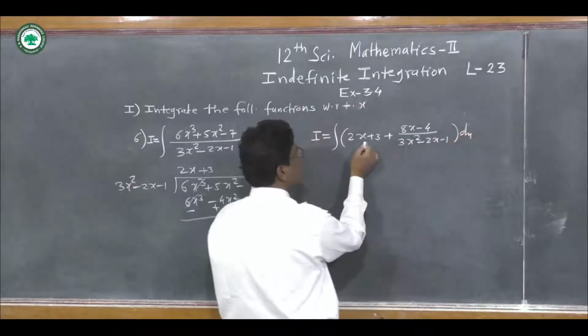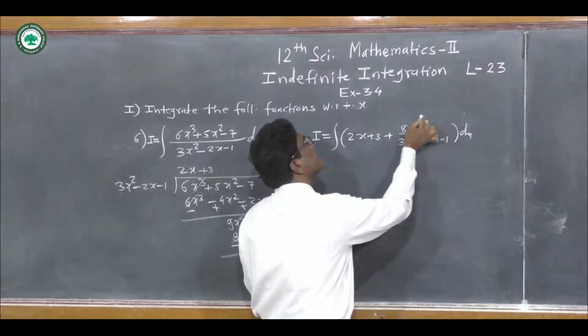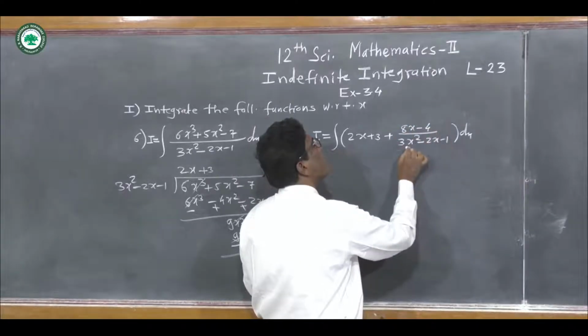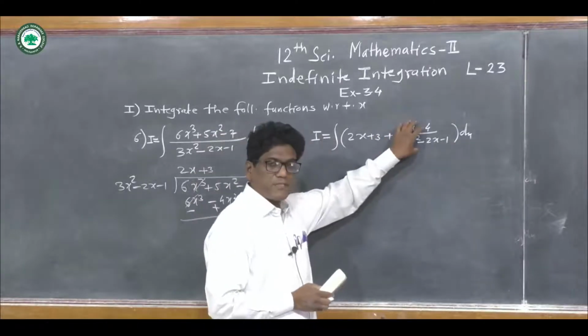Now here we take the integration of 2x plus 3, but our interest is to take the integration of 8x minus 4 upon 3x square minus 2x minus 1. Now this is a proper rational function.